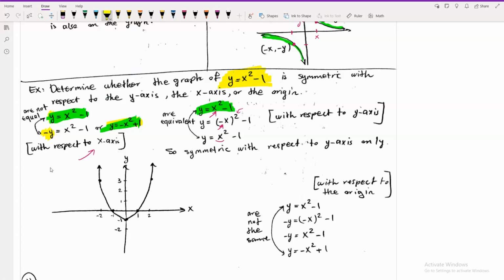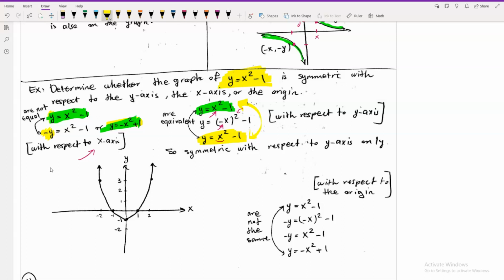So what we have here is y equals x squared minus 1, which is exactly the same as what was given. So these two equations are equivalent. What that means is this is symmetric with respect to the y-axis.